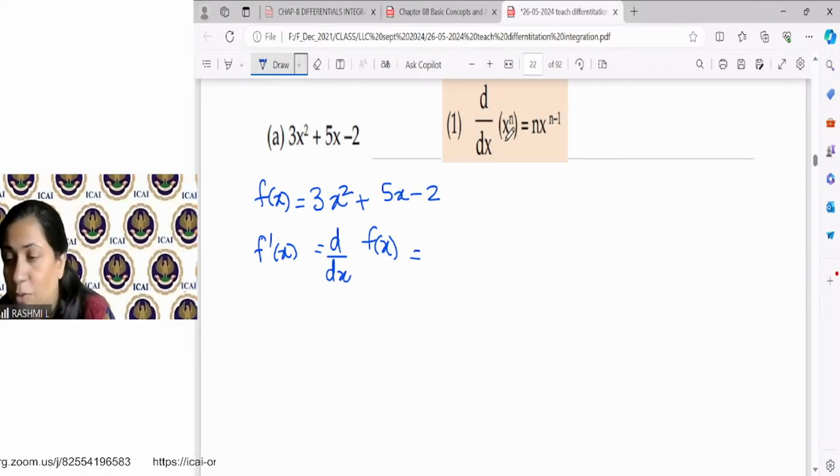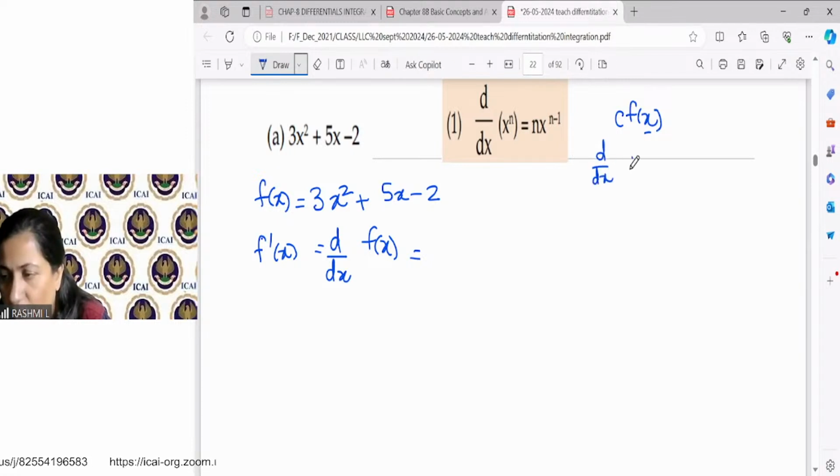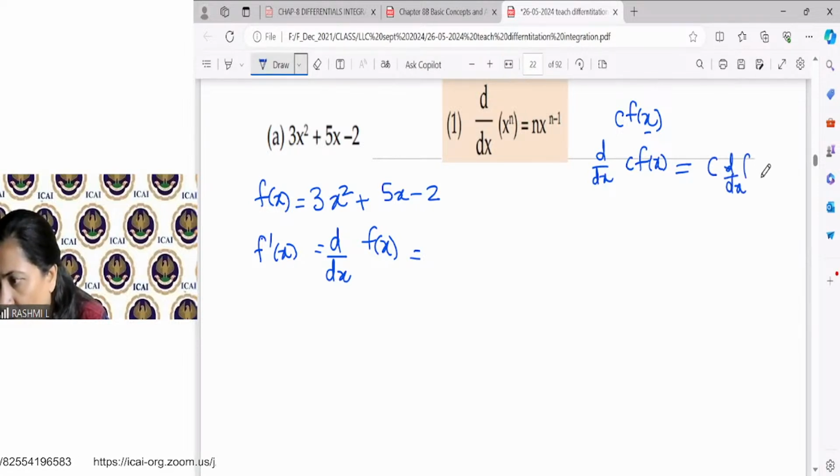What is the formula I'm using? x raised to n. Why I'm using this is I can see x², I can see x. Then what about this? It is c into f(x). So we know that d/dx of c·f(x) is c times d/dx of f(x).